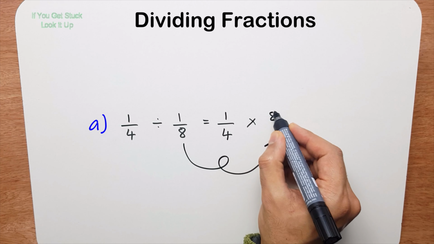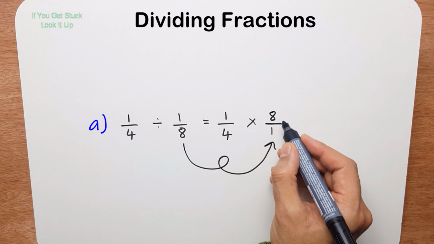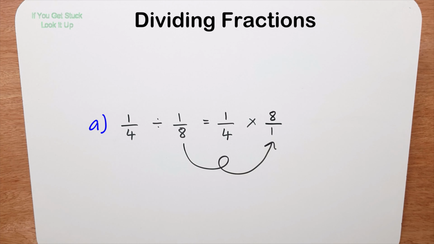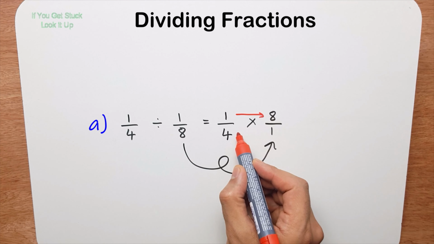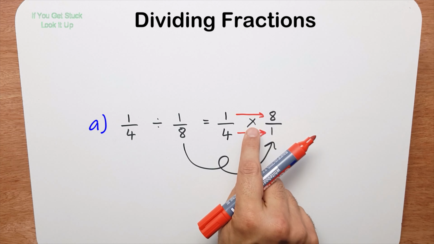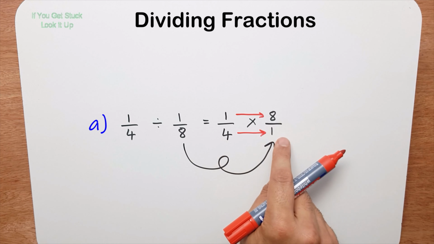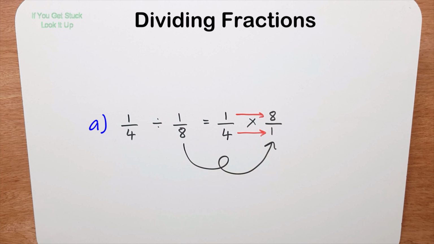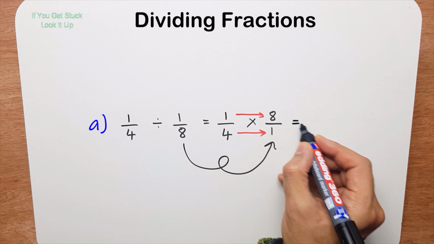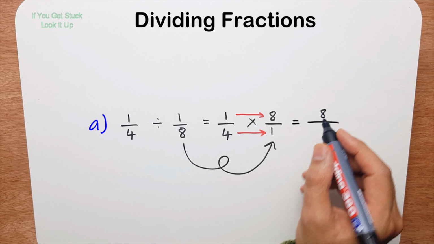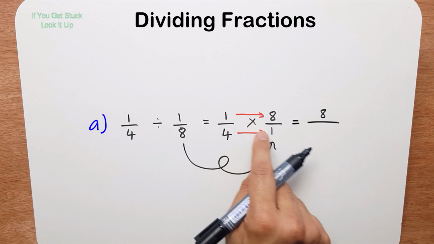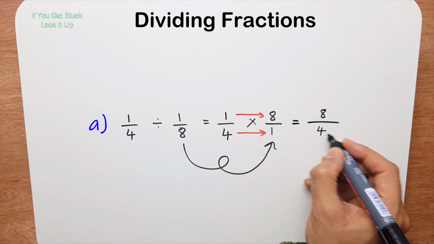So it becomes 8 divided by 1, or 8 ones. Now, it's simply multiply straight across because I'm now multiplying two fractions, 1/4 and 8/1. Fraction line, 1 times 8 is 8. 4 times 1 is 4.